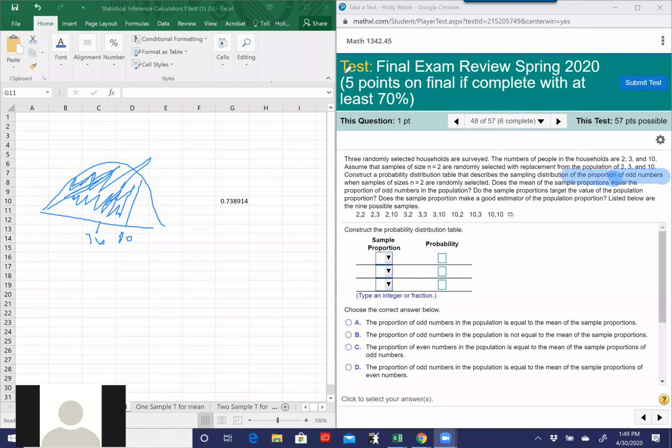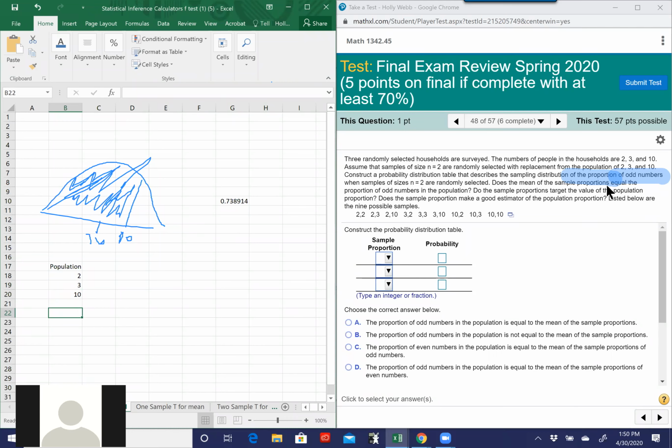So the way we would do this is, let's get our population down. Our population is just the 3 numbers, 2, 3, and 10. But each one needs its own box. 2, 3, and 10. That's our population. Those are the numbers in the hat, okay?